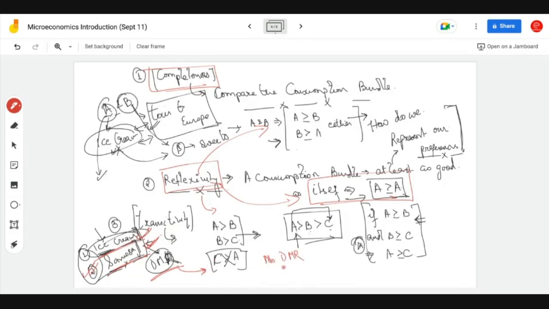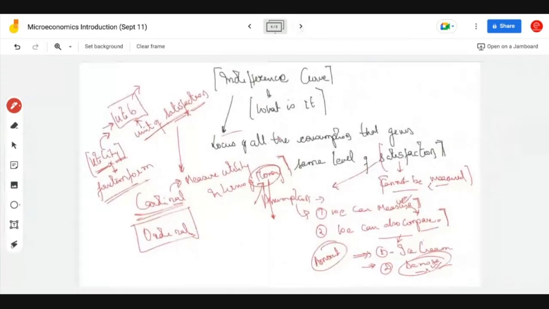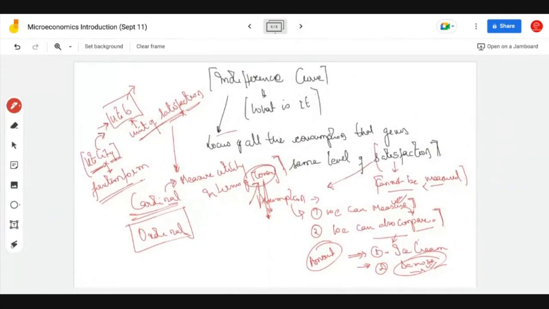Why? Because irrespective of the amount of money you give a person, the person will never be unhappy. But if you are forced to eat only ice cream, there will be a day when we are unhappy about it and don't want to consume any more ice cream.